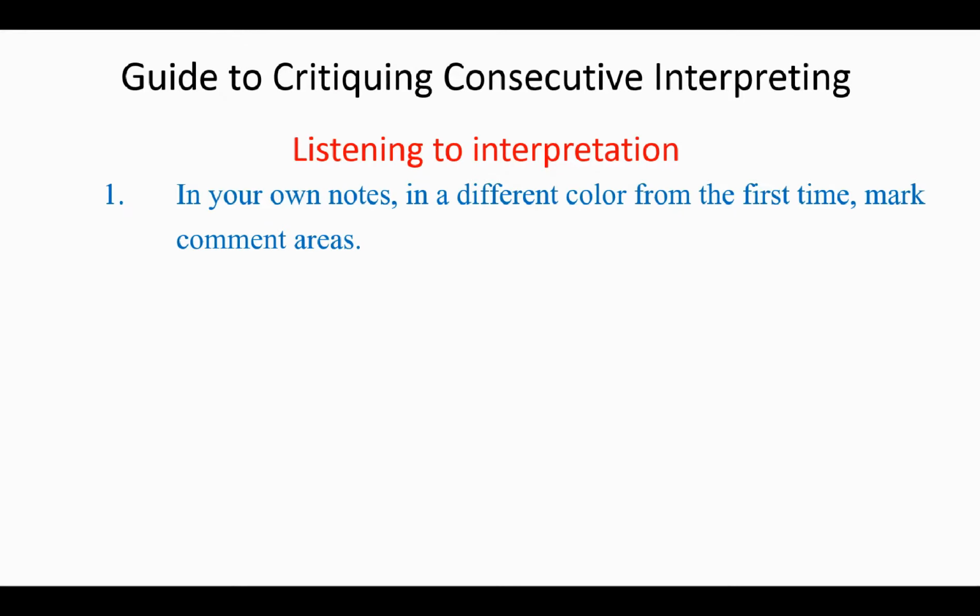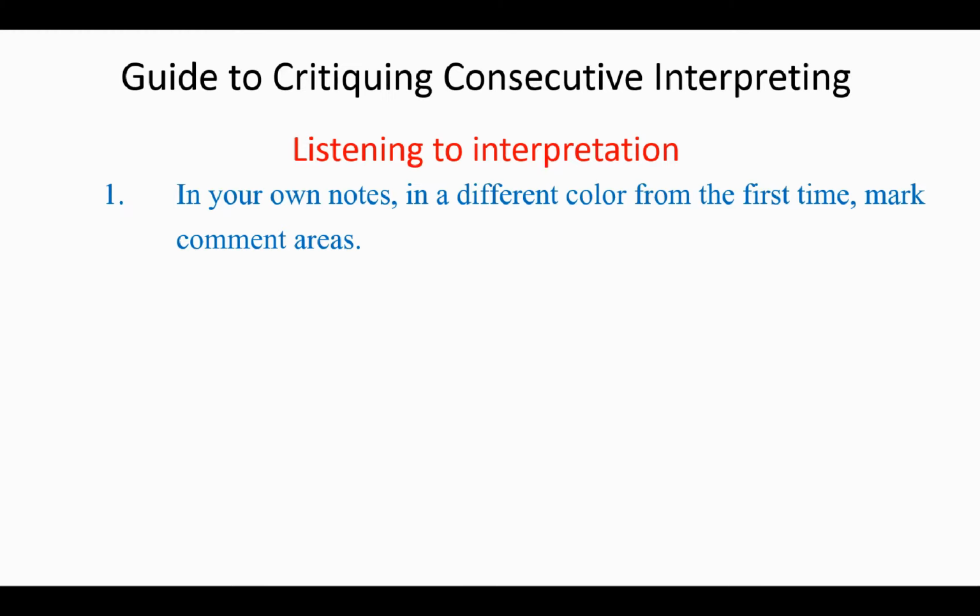The other one or two will follow that interpretation in their notes, and if you have something to say, let's say something is omitted or something is said that seems to be different from what you hear, you can write on top of your notes what you think you should say.